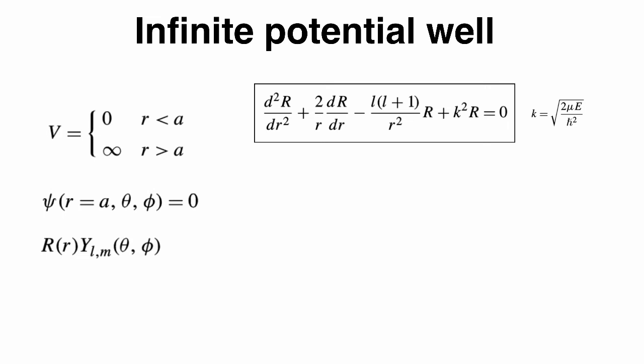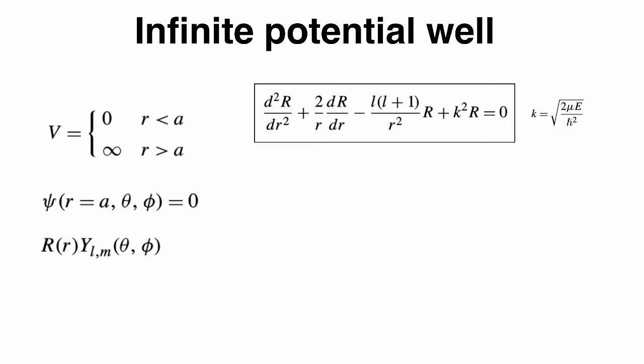Now, the presence of infinite potential outside of the well will be reflected when we impose the boundary conditions at the edge of the well. The only boundary condition we have at the edge of the well is for the wave function to vanish. Indeed, it certainly has to vanish when the potential is infinite, which means that it has to vanish at the boundary.